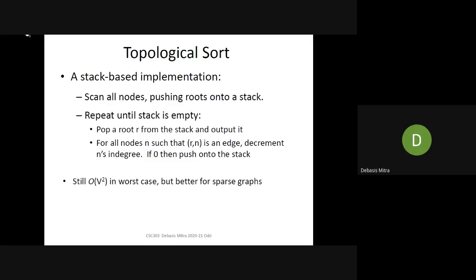You just assume that the integers are available as a starting point. Now you have a list of all nodes. That means the graph V, E, the V is available. Along with that, you assume for each V1, V2, V3, their in degrees are also stored. Yes, sir. Okay. So now we will store the in degrees in the stack. Yes, you will just perform a linear search to find out one root.